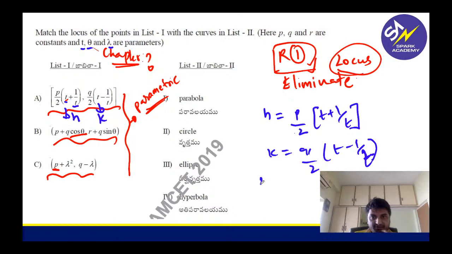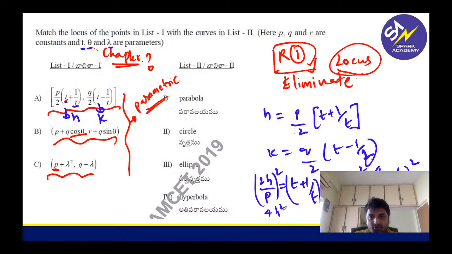So can I write 2h by p equals t plus 1 by t and 2k by q equals t minus 1 by t? So can I square and subtract? What will happen, guys? 4h square by p square minus 4k square by q square, you will get it as 4.